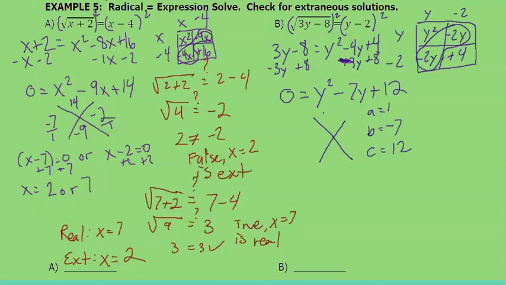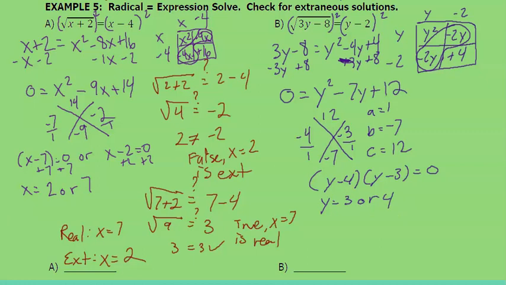A times C is 12. B is negative 7. The two numbers that look like they would work here are negative 4 and negative 3. We'll divide those by 1. So we have y minus 4 times y minus 3 equals 0. So you have two possible solutions, y equals 3 or 4.